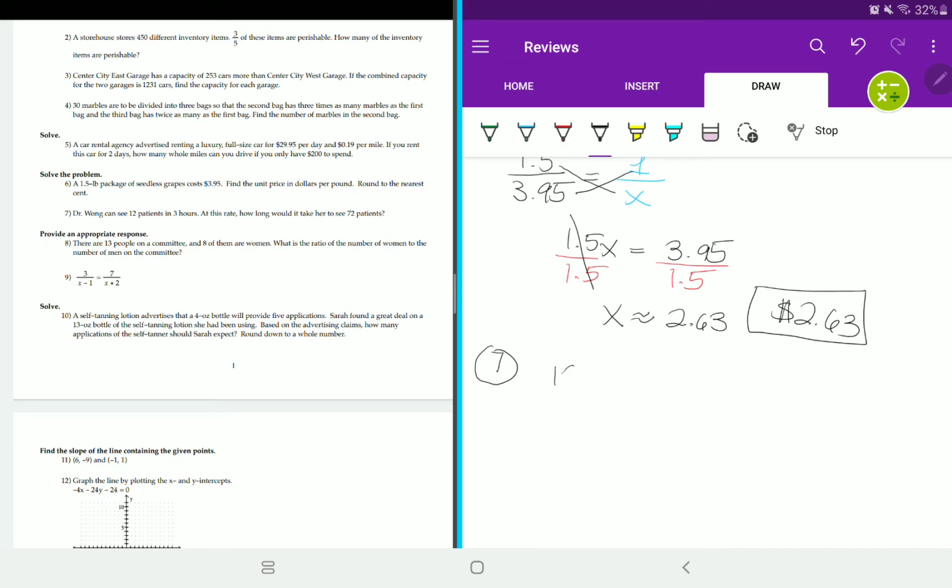12 patients compared to 3 hours. And I want to find out how long it will take her to see 72 patients if it's at the same rate. So 72 patients to X number of hours.